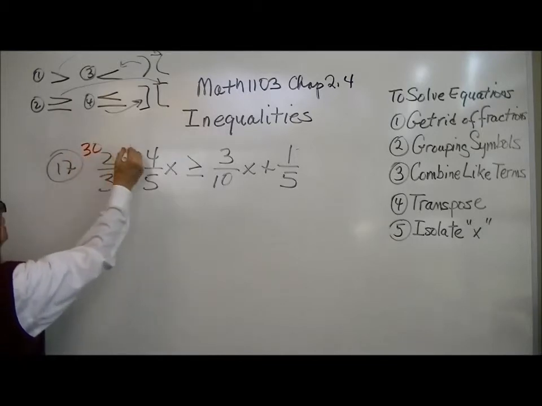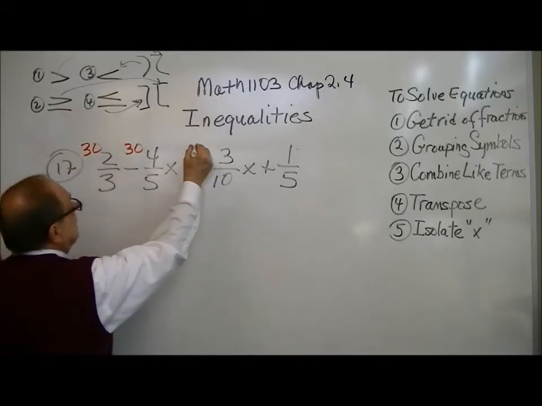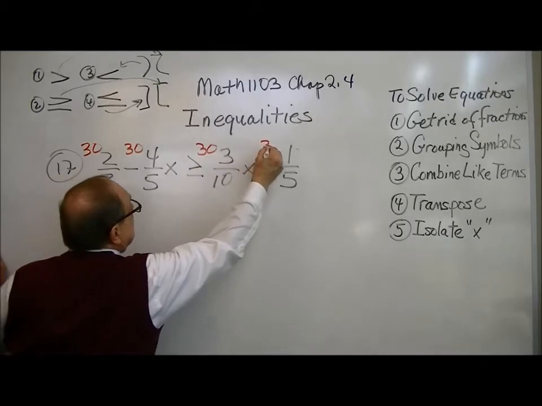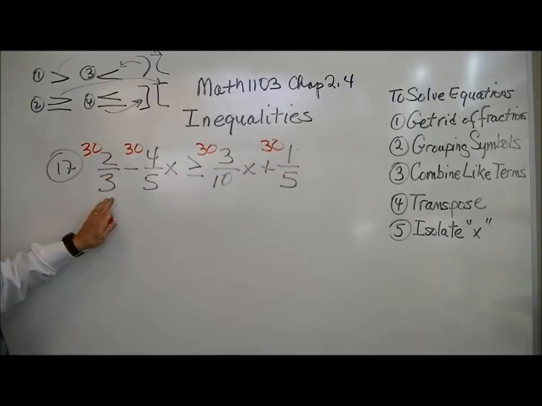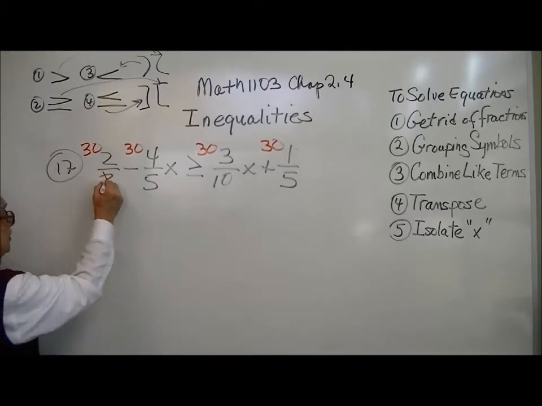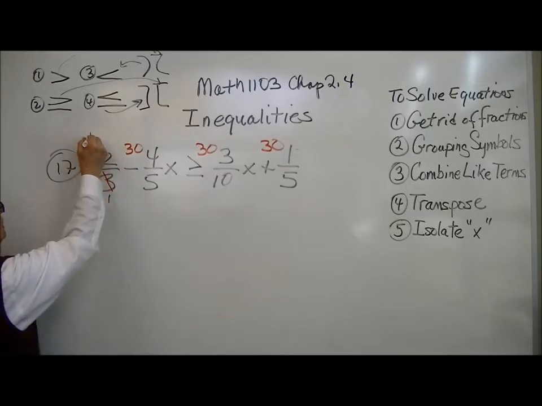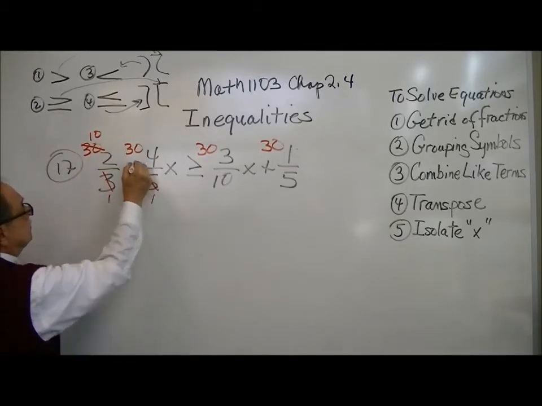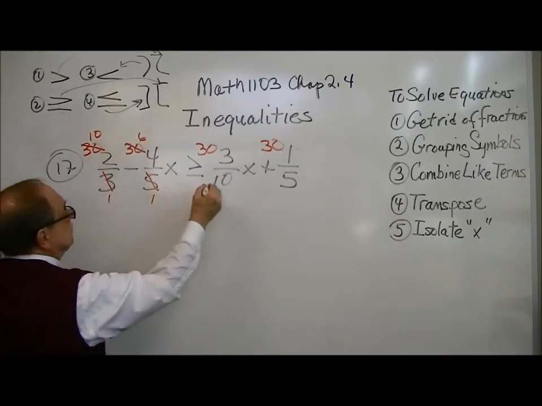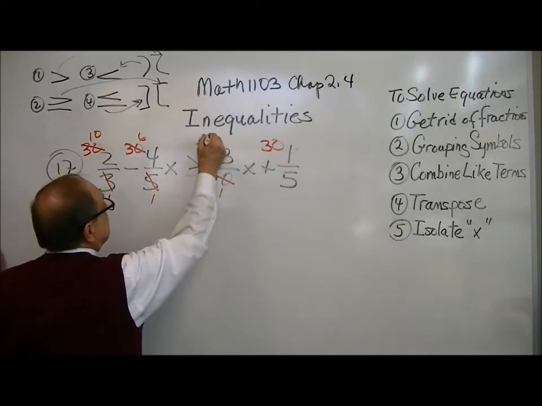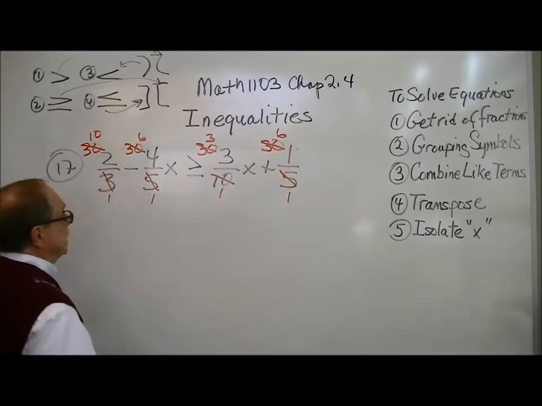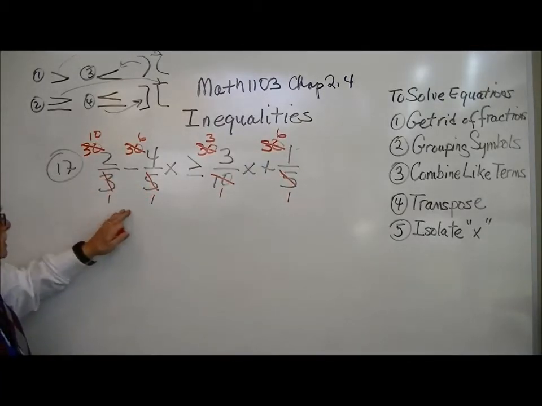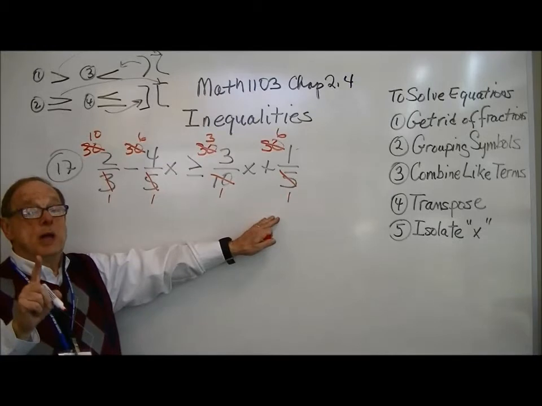So you do it like so. I'll put it in red. What we do is we're going to now multiply each term by 30. But before we do that, we cancel out. And again, what we want to do is get all of our denominators to be 1.